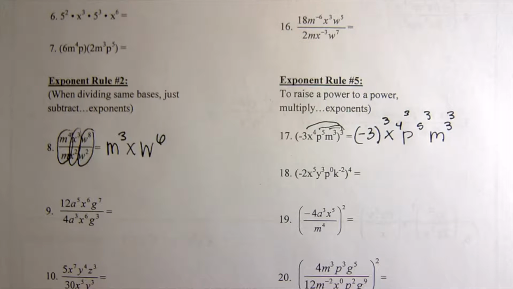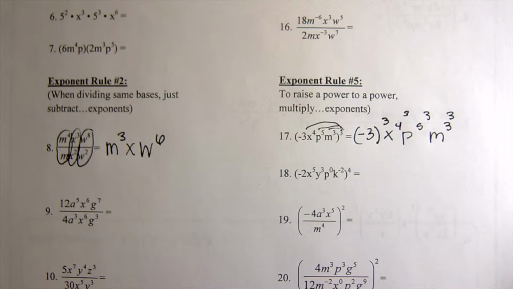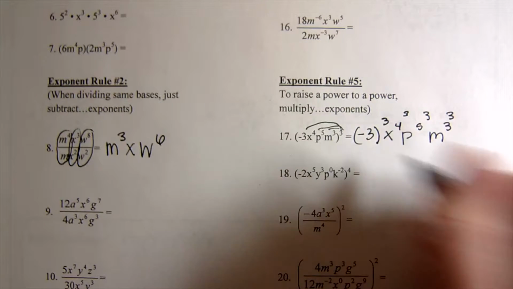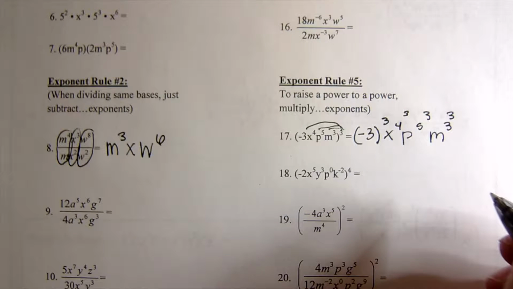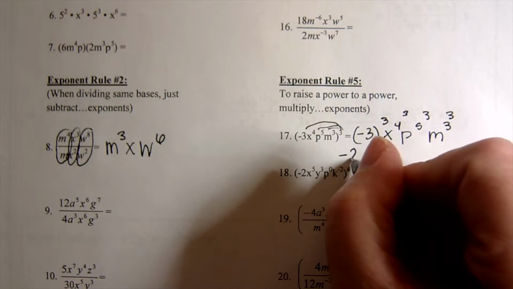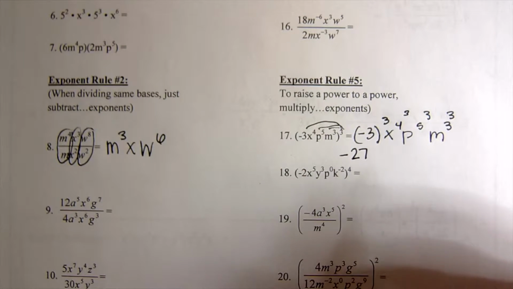So what is negative 3 cubed? Negative 27.